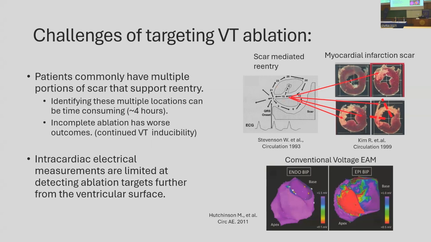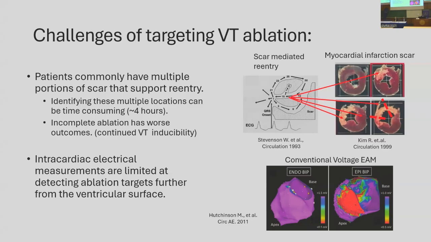One of the challenges of targeting VT ablation is that patients who have this scar substrate commonly have multiple regions in their scar that can support reentry. And it's time consuming to locate all of these locations with conventional invasive electrical measurements. And the issue is that if you choose to just ablate some of them, generally whatever was unablated will lead to the next VT, and that's part of the reason for the higher recurrence rate.